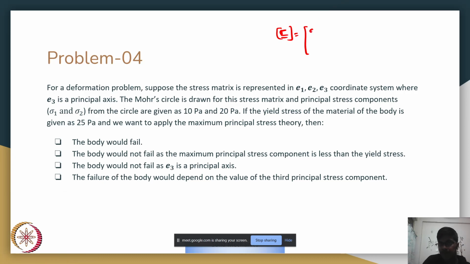So you have sigma 1 1, sigma 1 2, sigma 2 1, sigma 2 2, sigma 3 3. It is given that E3 is a principal axis, so you would essentially have zeros here because on the plane which is normal to the principal axis, you only have normal stress. You do not have shear stresses. This is the stress matrix that we are given in general form.